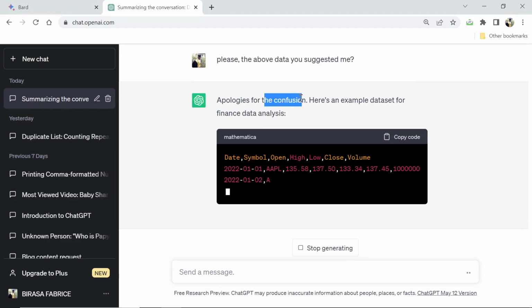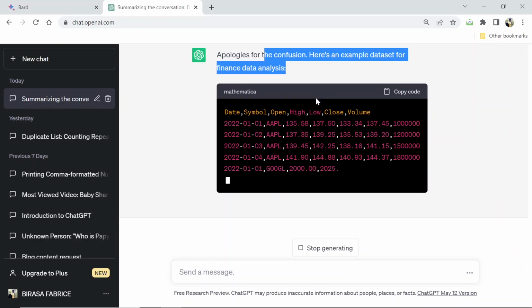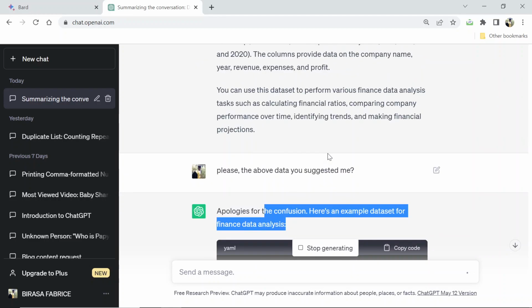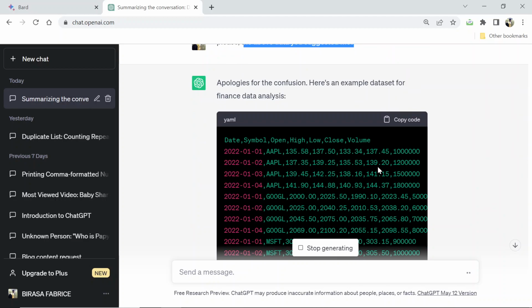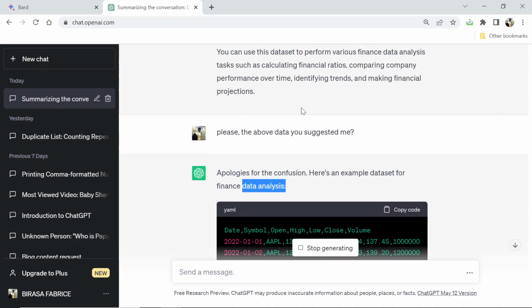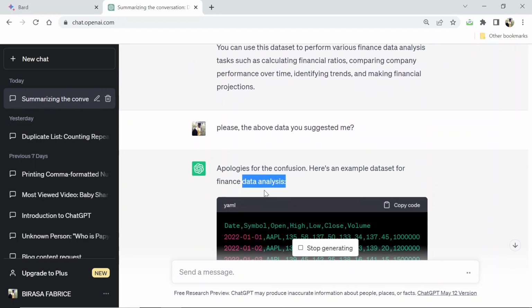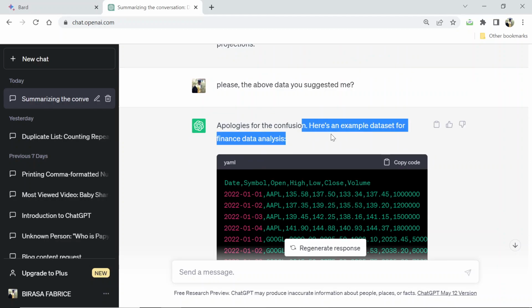Approaches for the confusion. Here's an example of data for finance data analysis. ChatGPT is going to show some confusion. I was intending to have a summary of this data, but ChatGPT has apologized and gave me an example dataset.